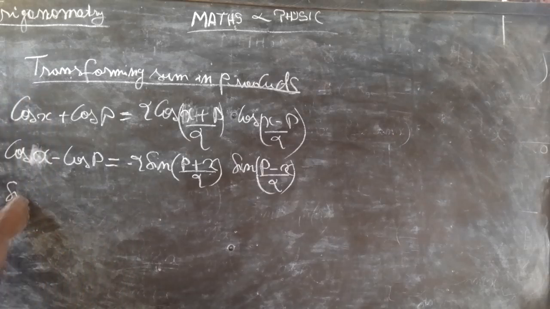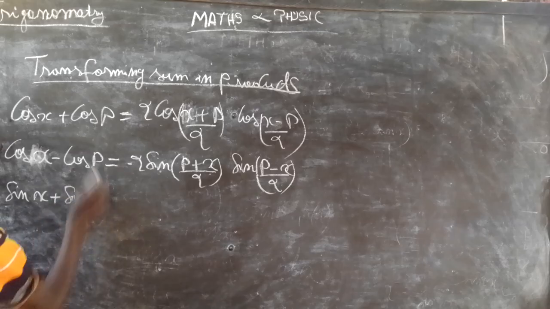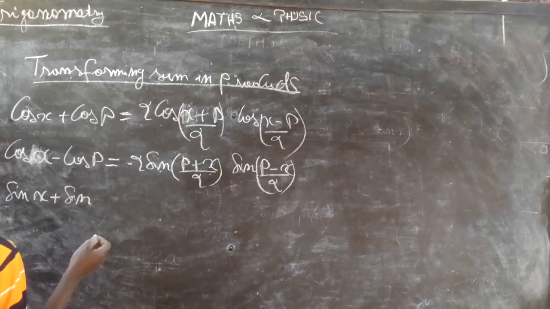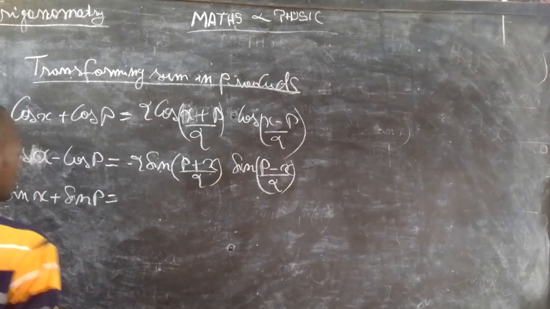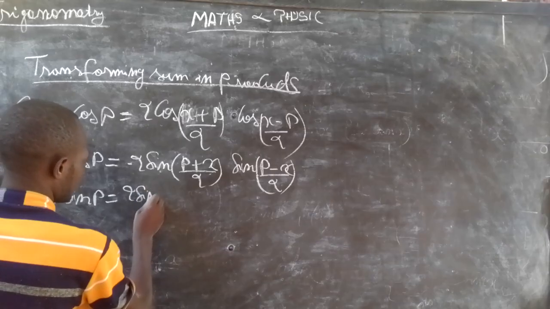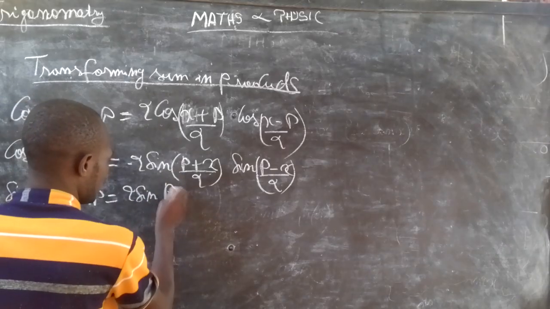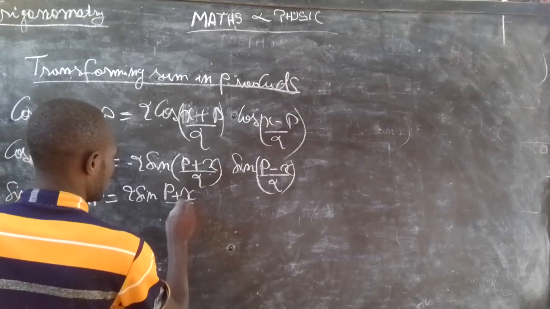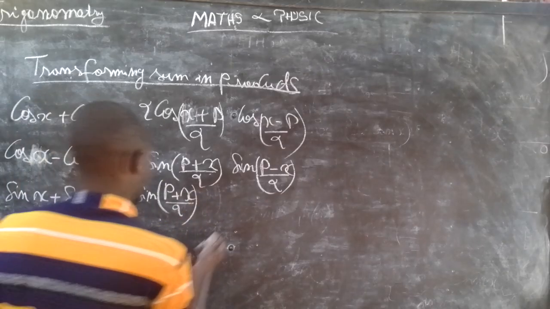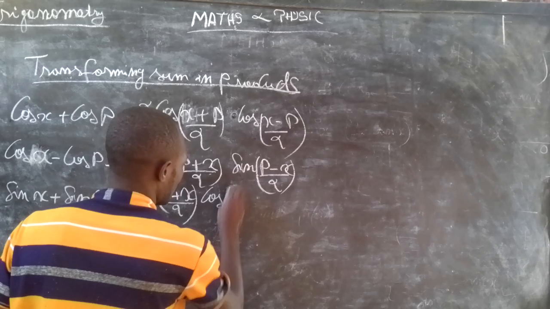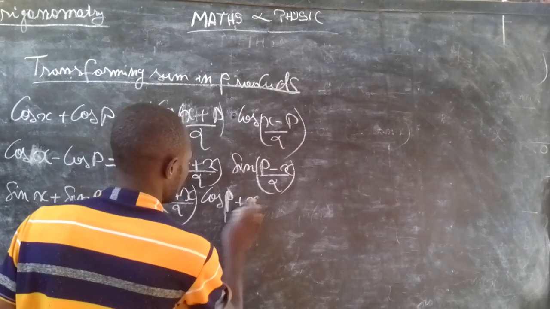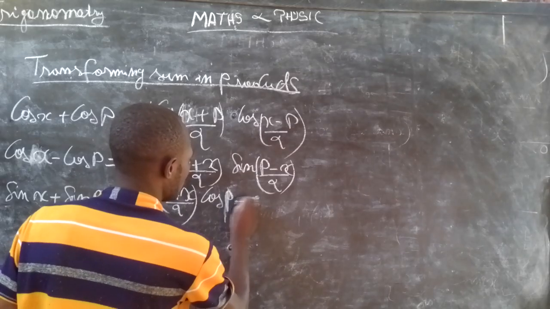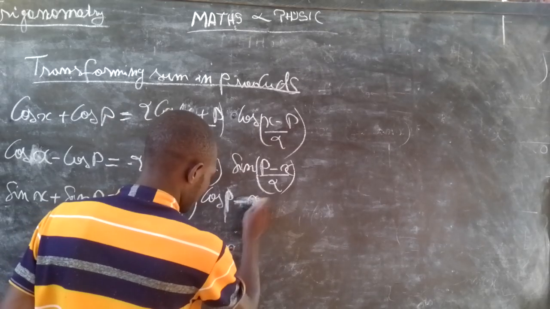So sine x plus sine p will be equal to 2 sine (p plus x) over 2 times cosine (x minus p) over 2.